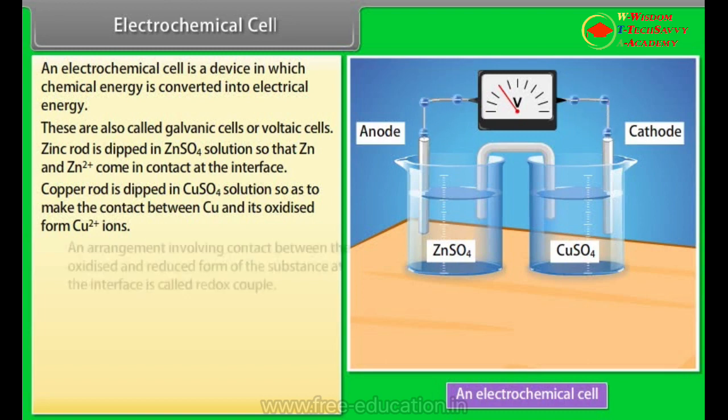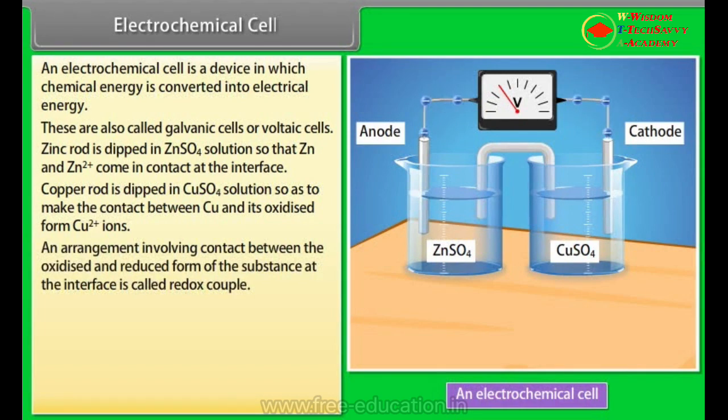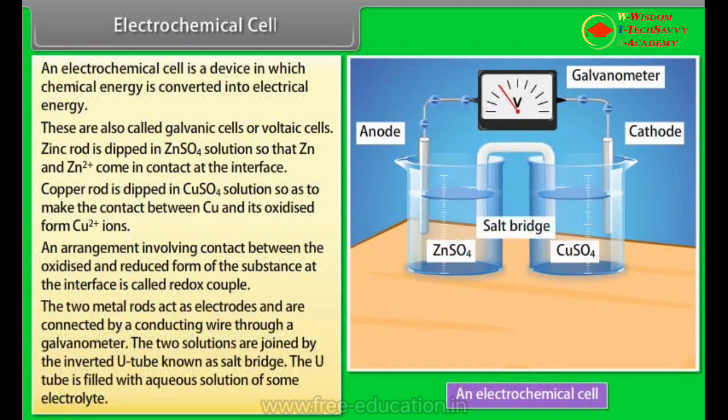An arrangement involving contact between the oxidized and reduced form of the substance at the interface is called redox couple. The two metal rods act as electrodes and are connected by the conducting wire through a galvanometer. The two solutions are joined by the inverted U-tube known as salt bridge.